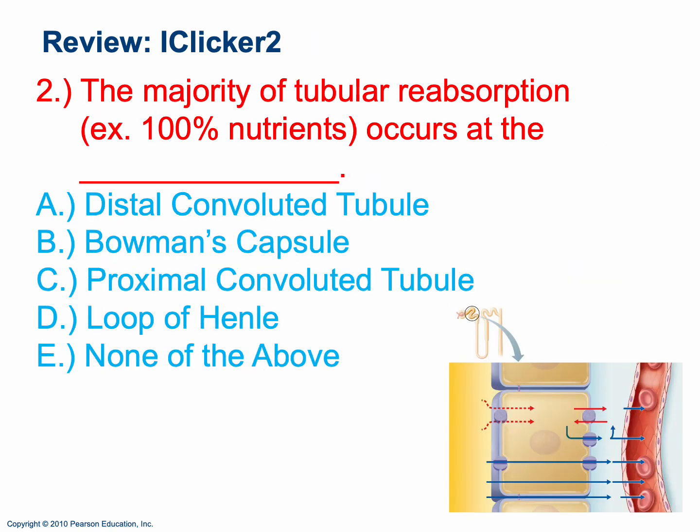Number 2, the majority of tubular reabsorption, 100% of nutrients, occurs at what section of the nephron? So what would be the correct answer here? Okay, and the correct answer here would be choice letter C, the proximal convoluted tubule.